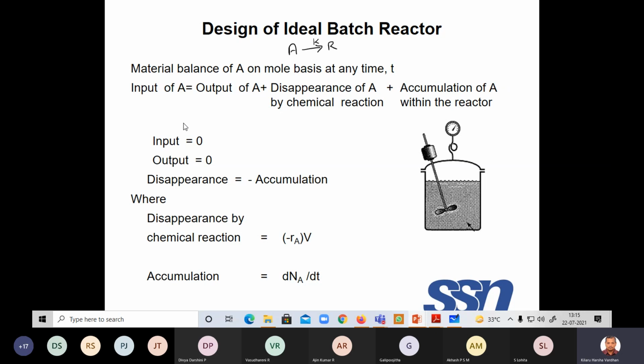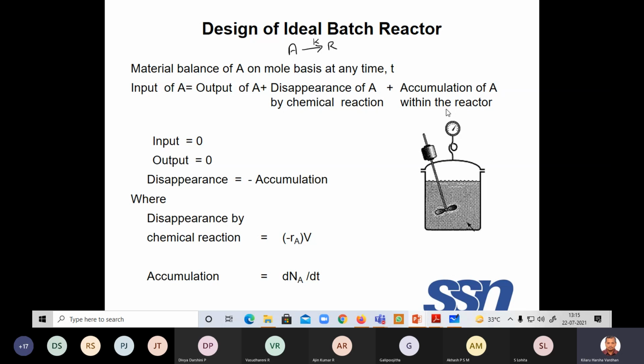So we write the material balance. Already you might have studied in process calculations: input should be equal to output plus disappearance plus accumulation. Disappearance will come because the reaction is happening. If there is no reaction, then input is equal to output plus accumulation.